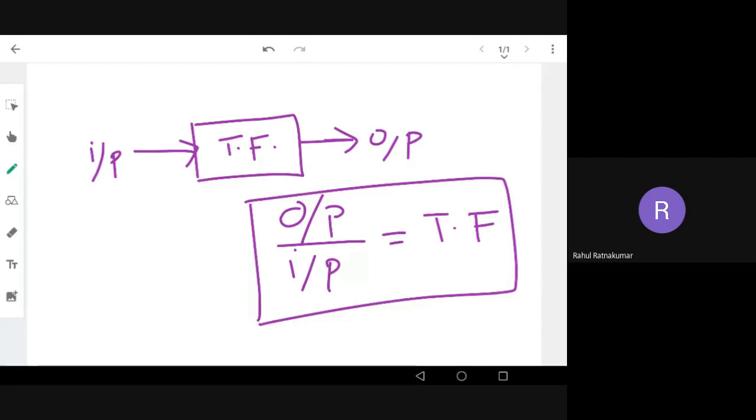So right now, today in this class, we will move a bit further, not explaining transfer function again, but we'll explain it again maybe after two lectures. Right now, we'll see what the different models are, and how the models can be simplified. Let's see the simplification of models, right?